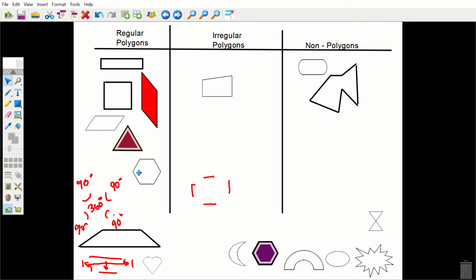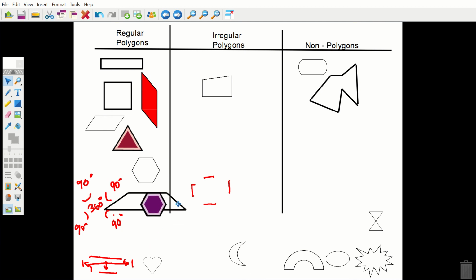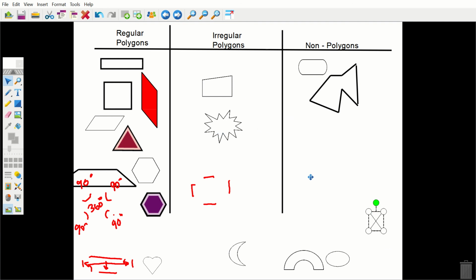Octagon, or this one, regular. And this one here, based on the looks of it, probably regular. This would be irregular. This one, well, we don't know. This is two triangles, so I'm not sure what to classify that one as, but these ones have curved figures. Therefore, they would be non-polygons.